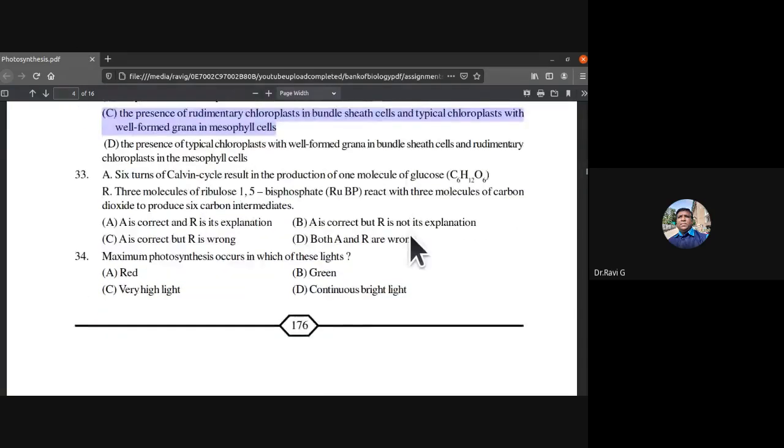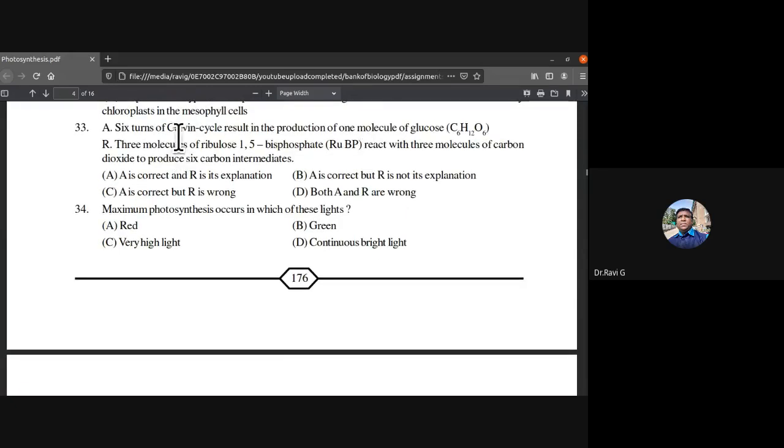Okay. 33rd question. 6 turns of Calvin cycle results in the production of one molecule of glucose, C6H12O6. So that is the assertion. Okay, 6 turns of Calvin cycle. So 3 molecules of ribulose 1,5 bisphosphate react with 3 molecules of carbon dioxide to produce 6 carbon intermediates.